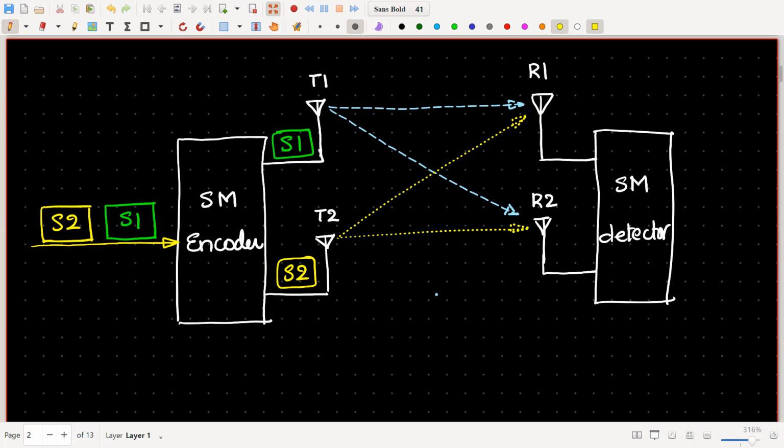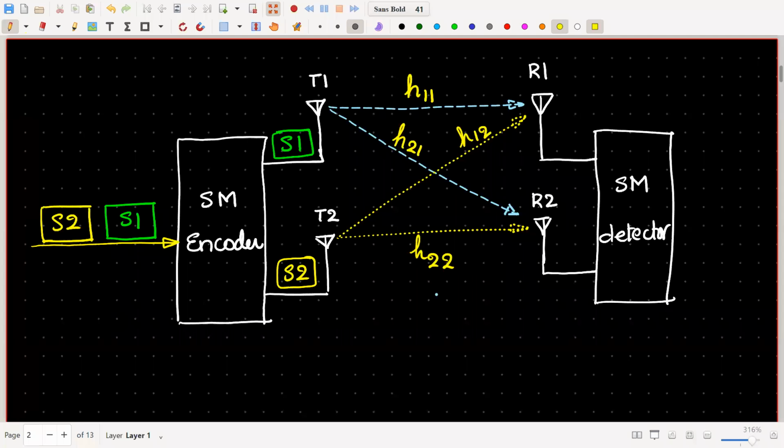Say the Rayleigh channel fading coefficient of this path is H11, this is H21, this one is H12, and this is H22. So our channel matrix is ready. It comprises four Rayleigh fading channel coefficients, H11 all the way to H22.